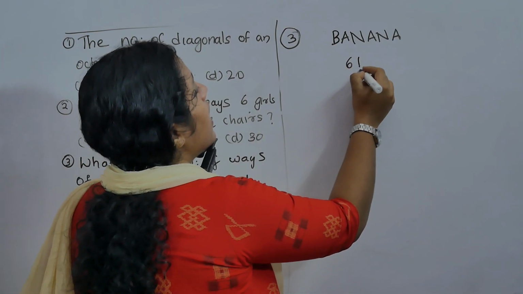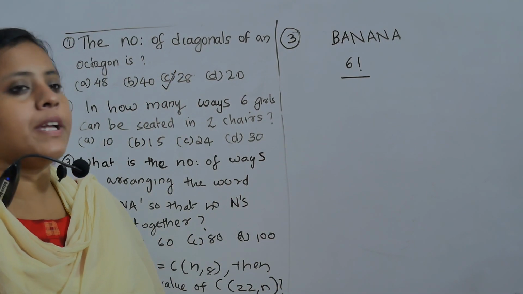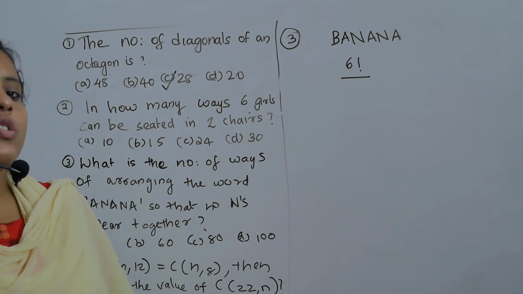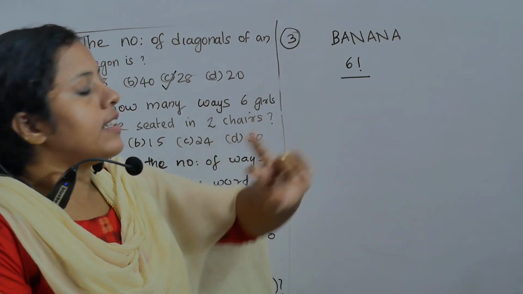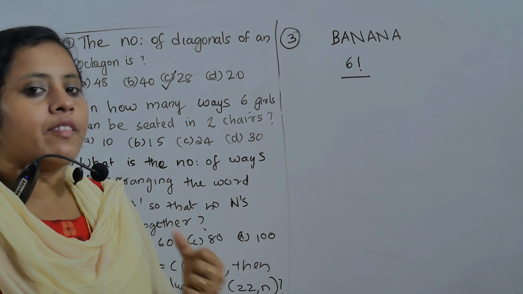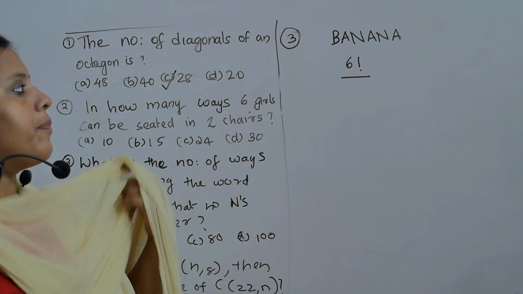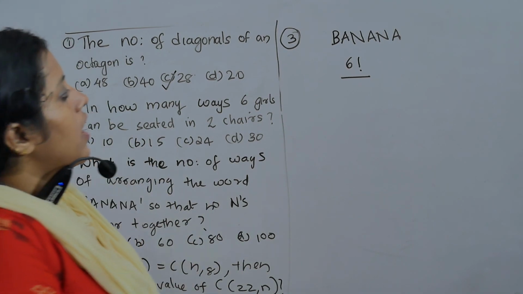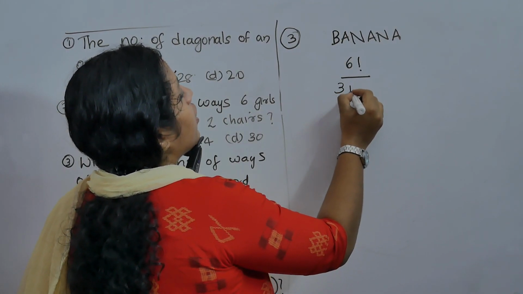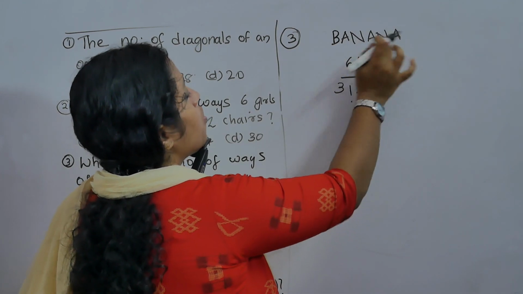6 factorial divided by, I told you now, remember, if letters are repeating, we'll divide by the repeating letters' factorial also. 6 places are there, I can say, not 6 different letters. So 6 factorial by 3 factorial, as 3 A's are there, into 2 factorial because 2 N's are there.